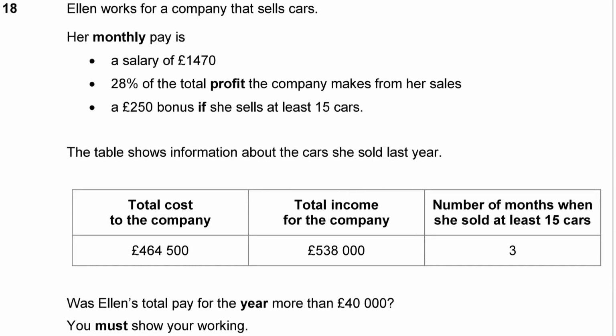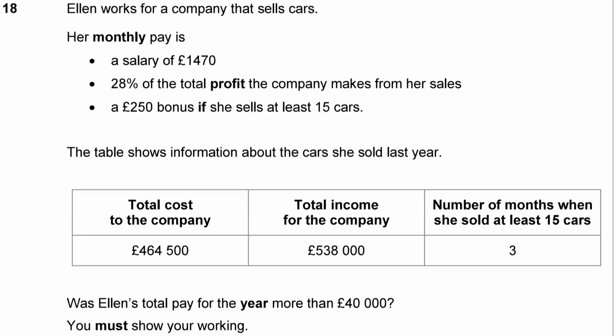Question 18. Ellen works for a company that sells cars. Her monthly pay is a salary of £1,470, 28% of the total profit the company makes from her sales, and a £250 bonus if she sells at least 15 cars. The table shows information about the cars she sold last year.